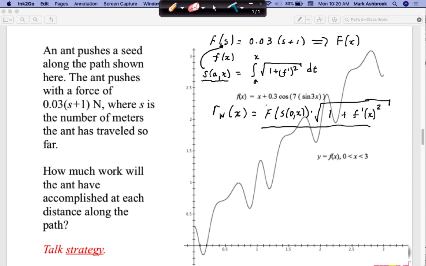The square root gives us the transformation from arc length to x. But now our force function is different. Our force function is not just a constant anymore. We have to get that force function as a function of x, the horizontal coordinate. And we're given it as a function of s, distance along the arc. So then we have to replace that s with the arc length function. And then our work is going to be what?